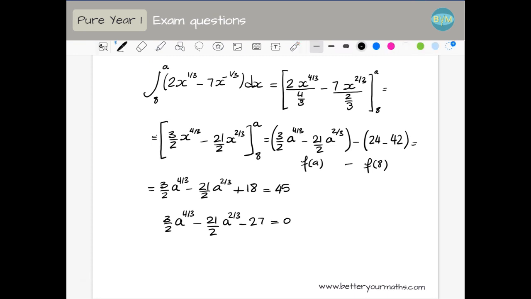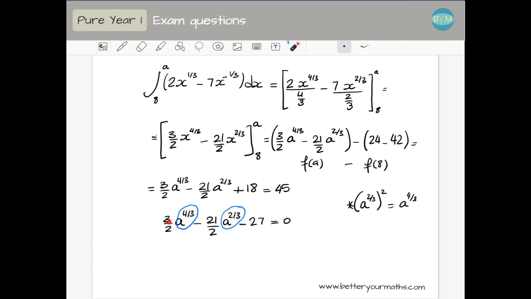If you notice, you have an expression A to the power of 2/3, and the same expression squared. When I square that, I multiply the exponents, so I have A to the power of 4/3, which means I have something and something squared.